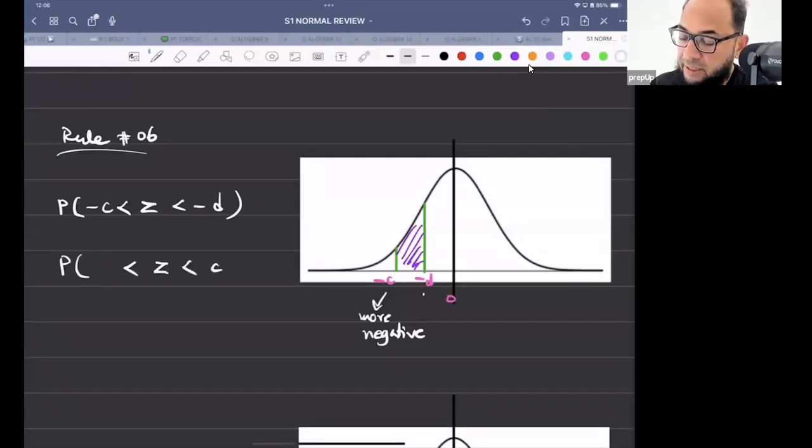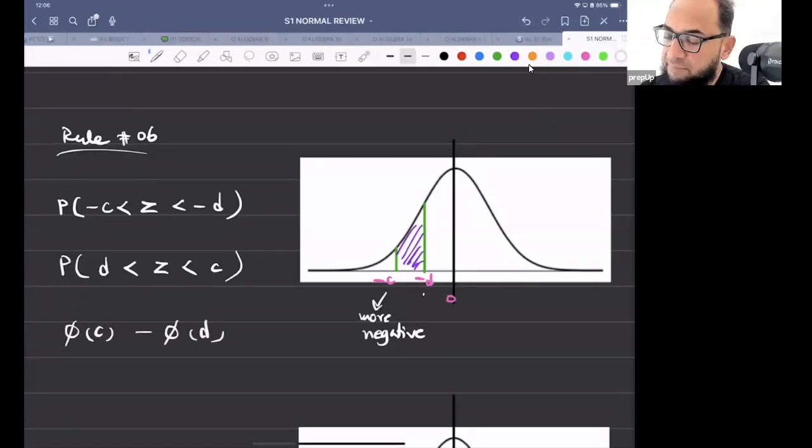C will be bigger, D will be smaller, and therefore, read the table for each, that is C minus D. Because this is the mirror image of what? If there is negative C over here, it will go on this side and become positive C, and this goes on the other side and becomes positive D. So C is bigger, D is smaller. Probability: phi of C minus phi of D.